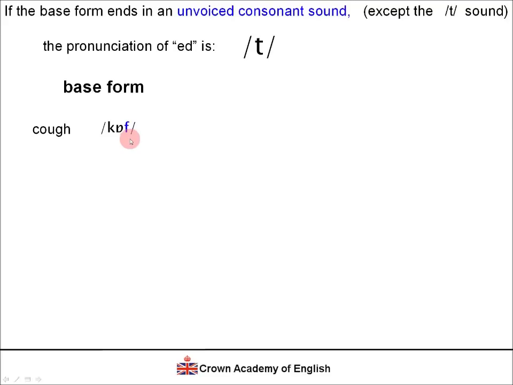And if you put your finger on your throat and say cough, you'll notice that there are no vibrations at the end of the word. It is an unvoiced consonant sound. Okay, so we have cough, coughed. Can you hear the difference? It's a T, it's a T sound. Coughed.